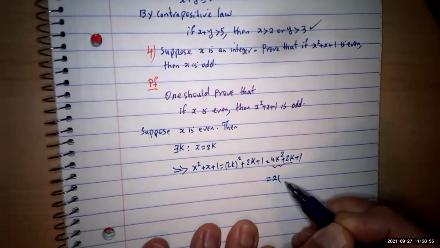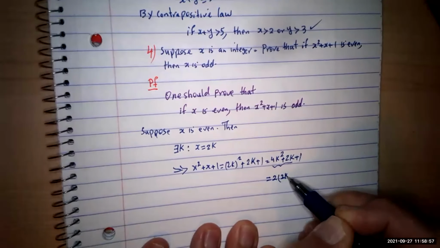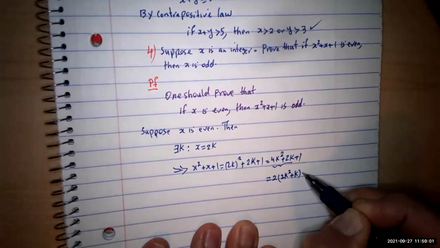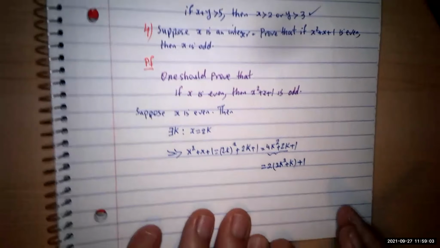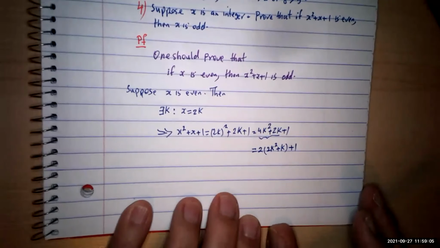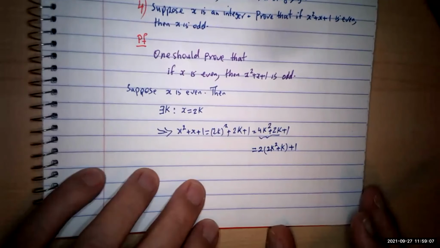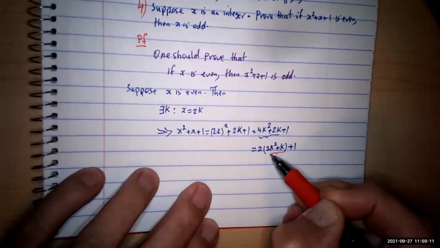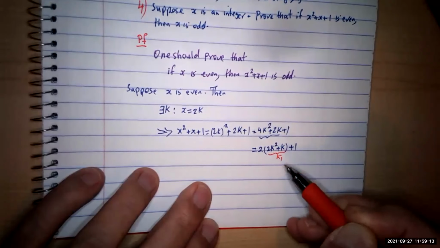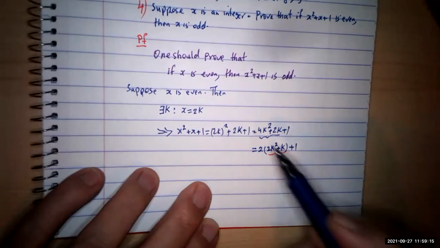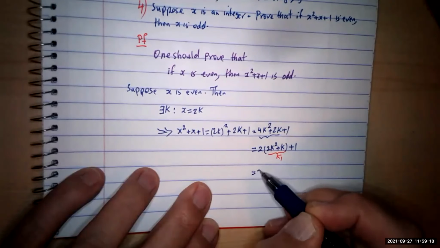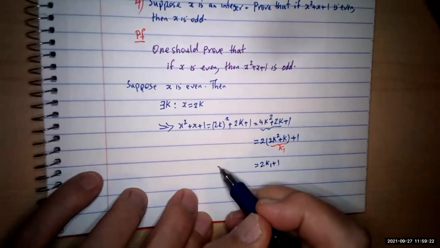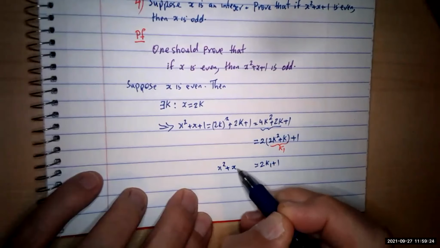So we pull out the 2, and that gives us 2 times (2k squared plus k), plus 1. We're going to call this one k1, so the result would be 2k1 plus 1. So we have x squared plus x plus 1 of this form.